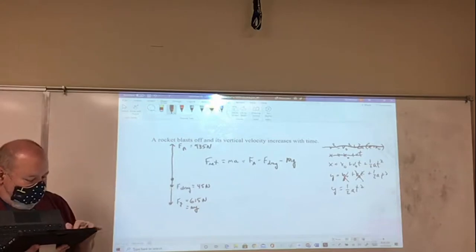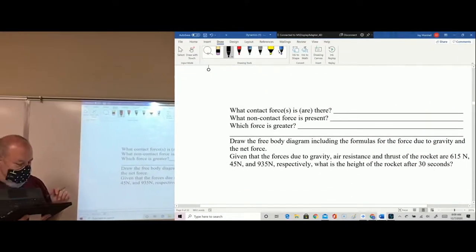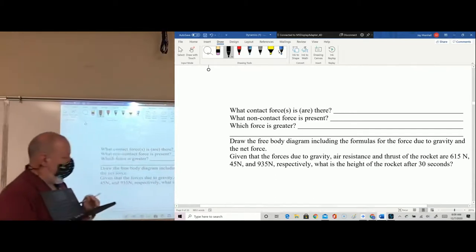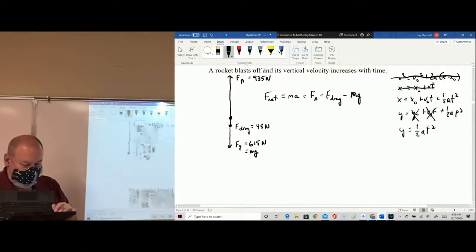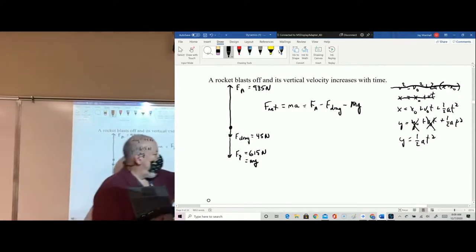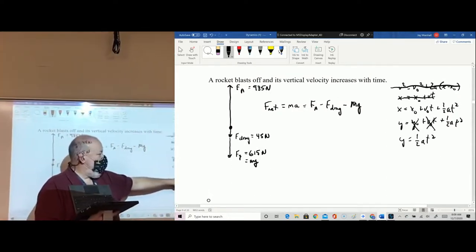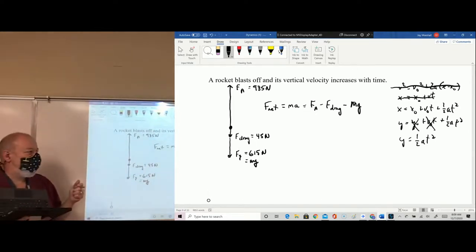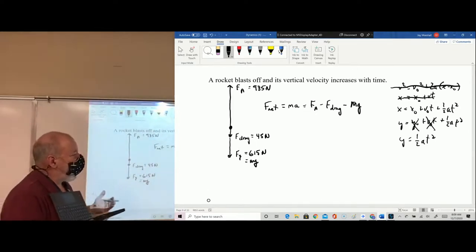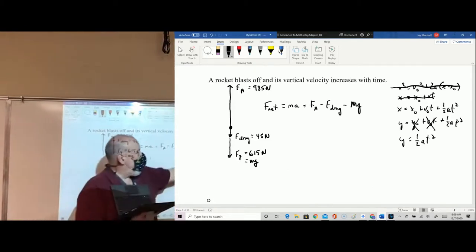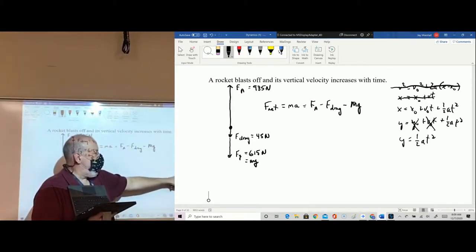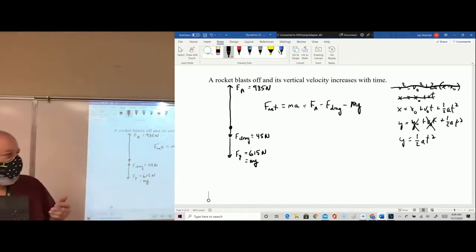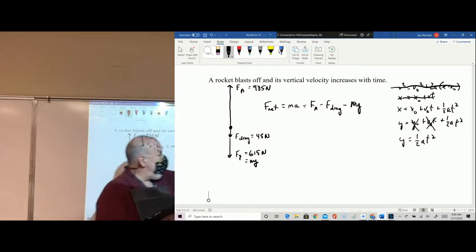But normally, if I was asked to find the height of the rocket after 30 seconds, I would start by creating a motion problem. That's what it is, right? In essence, this is a motion problem. How high does it go? Okay, so I probably would have started out with this if I was doing this on a test or somebody asked me to solve this problem, because that's what I need to find.